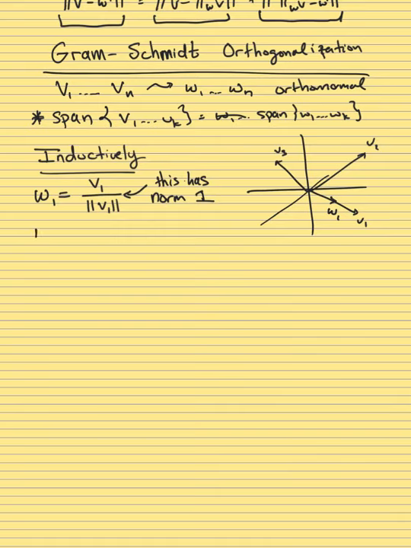So now what do I do with w2? Well, I better start with v2 in some sense, right? Because I want the span of w1, w2 to be the span of v1, v2. w1 is just a multiple of v1, and I want the spans to be the same, so it should be in the plane spanned by v1 and v2.